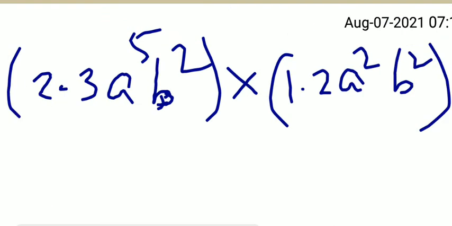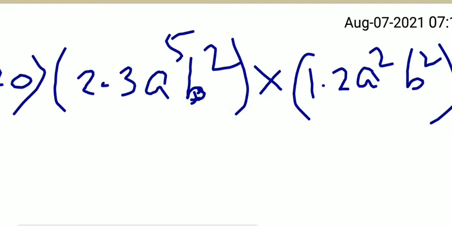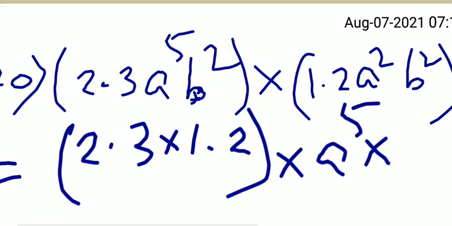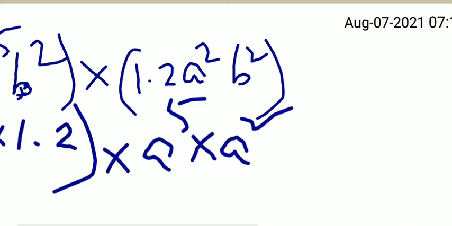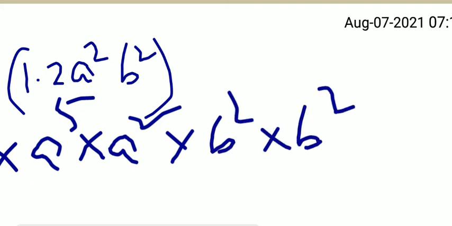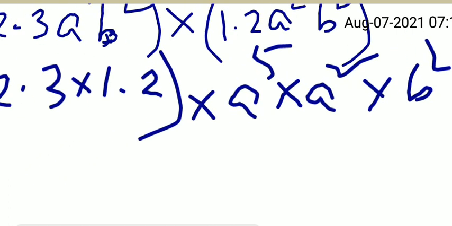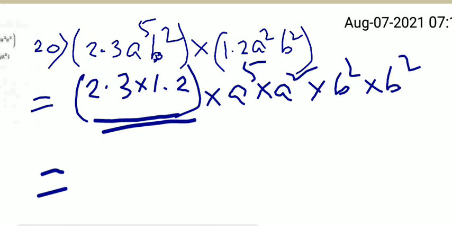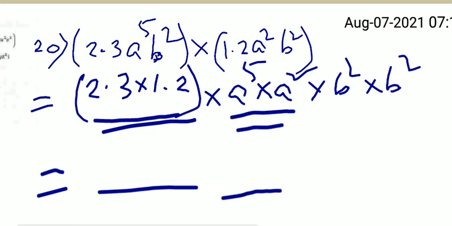So how will we do this? First you have to multiply 2.3 with 1.2, and then multiply a to the power 5 into a square, and b square into b square. In the same way, students, first multiply this one and write here, then multiply this one and write here, and then this one.